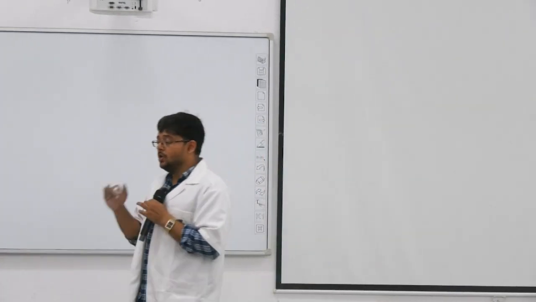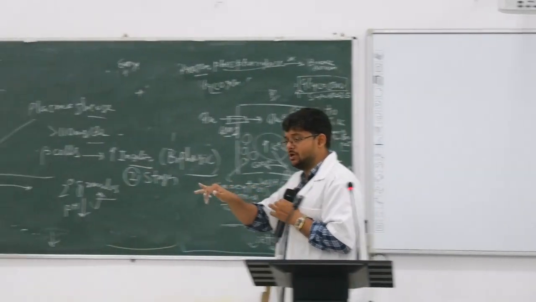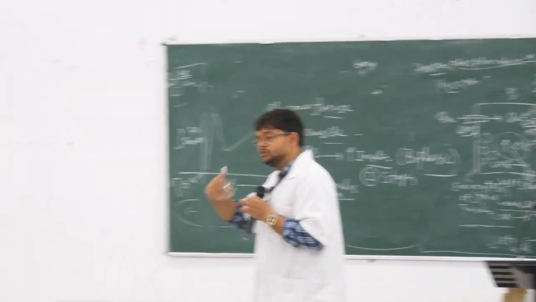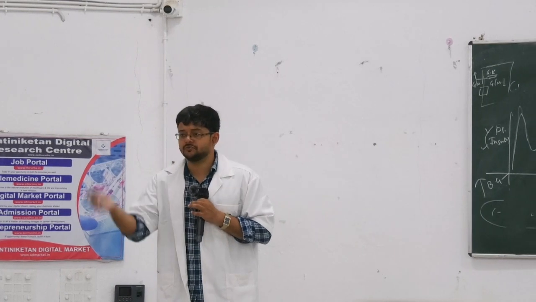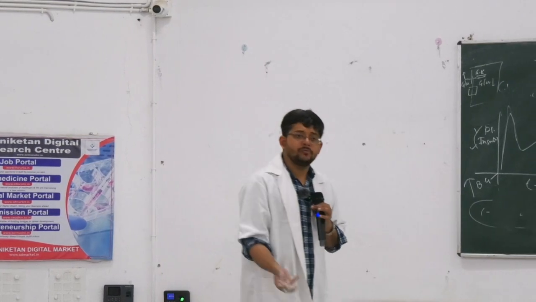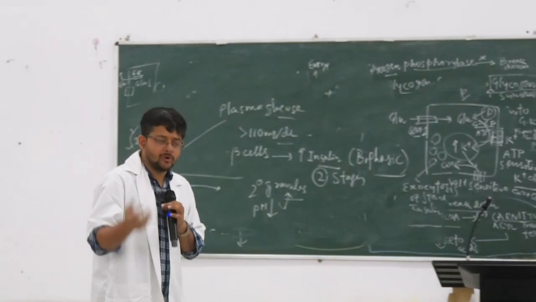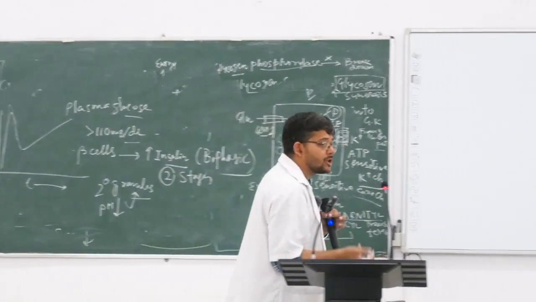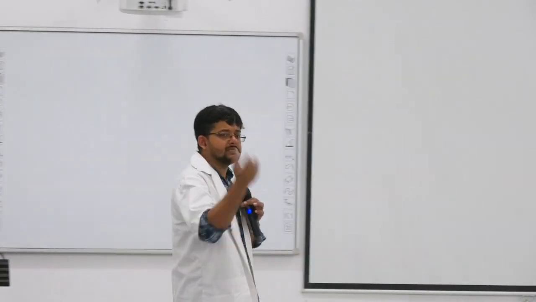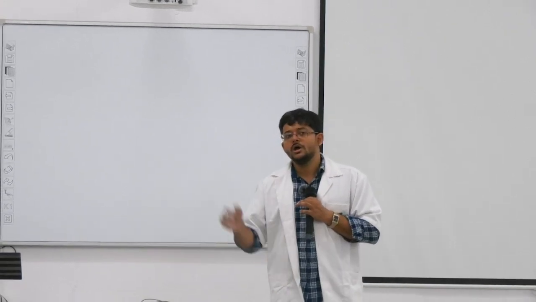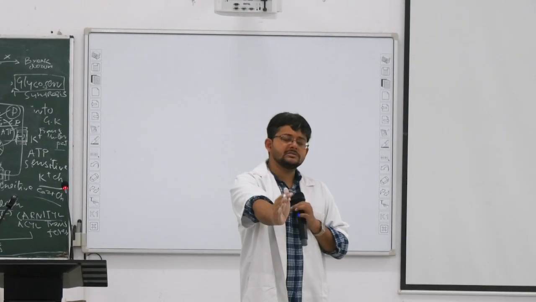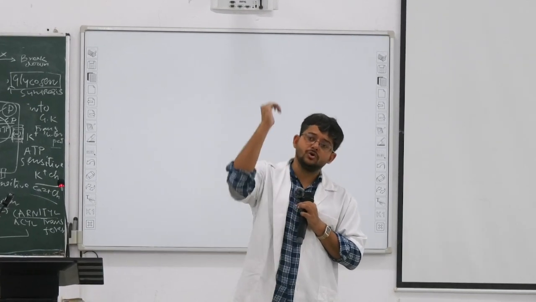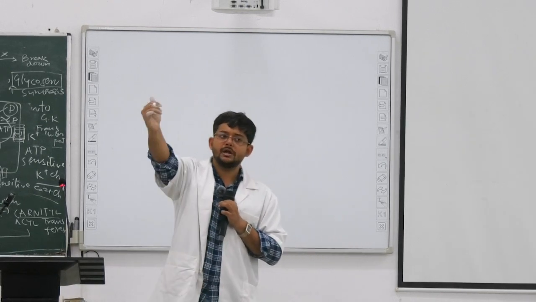Inside the cell, glucose is phosphorylated, glucose 6 phosphate is formed, and ATP production increases. As ATP production increases, ATP sensitive potassium channels are blocked. As they are blocked, potassium efflux from the high intracellular potassium concentration to the outside stops. So intracellular potassium concentration goes up, leading to depolarization.